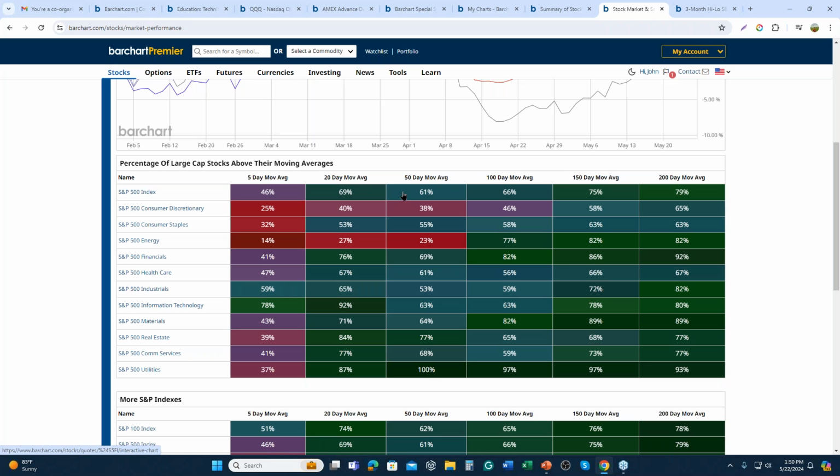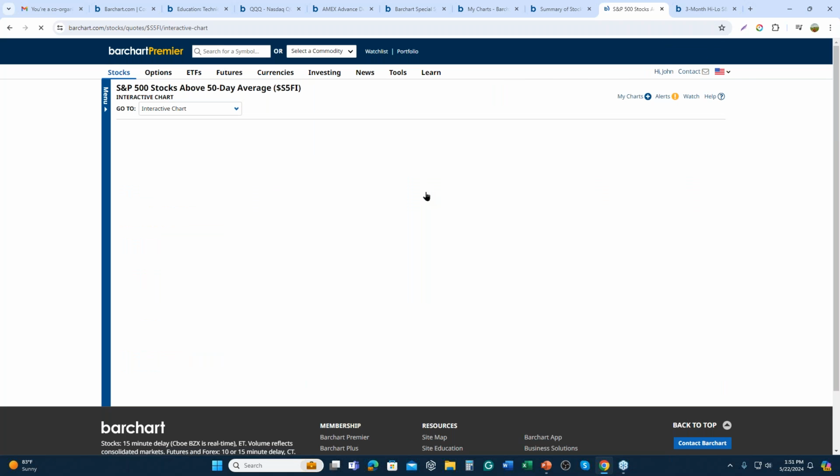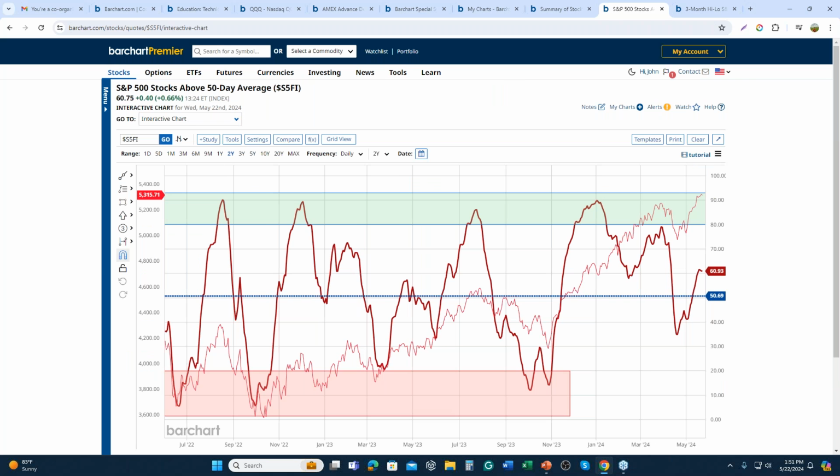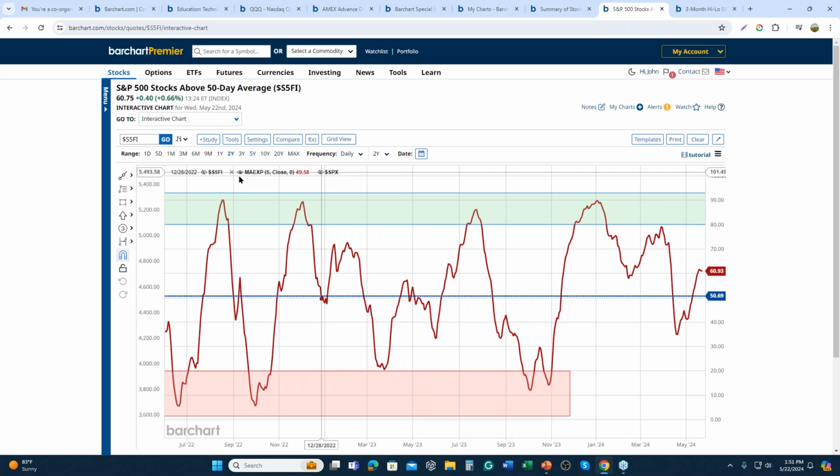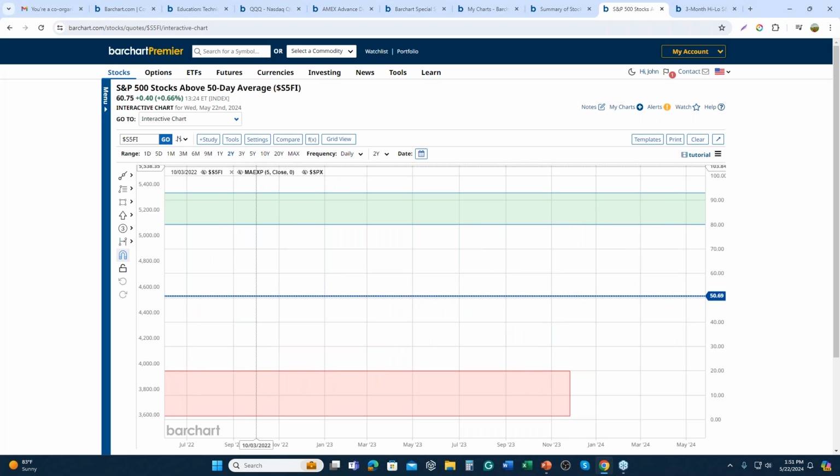So if I click on any of these symbol boxes, and here we're at the S&P 500 index, I'm going to show you this kind of cool little technique that I use, where I'm going to change this special symbol, $S5FI.